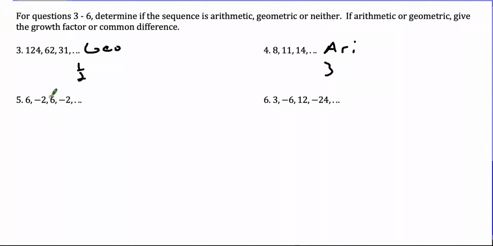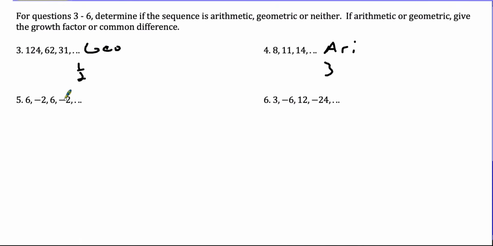Well, no. I would be adding +8. So it's not arithmetic if I'm adding -8, then +8. We would have to be adding the exact same thing every time. And geometric, well, it's not geometric either, because I'm not multiplying by the same thing every time. If I'm multiplying by -1/3, then I should be multiplying by -1/3 again, but I wouldn't be. I would be multiplying by -3.